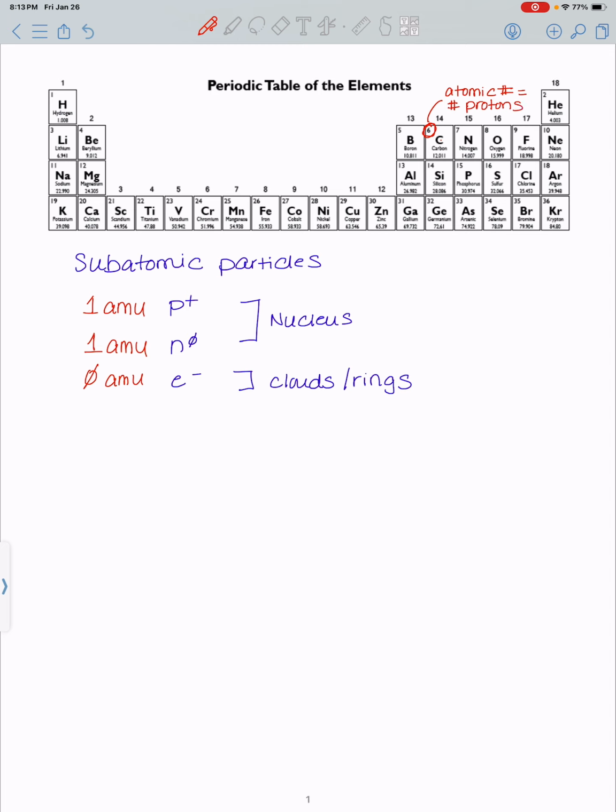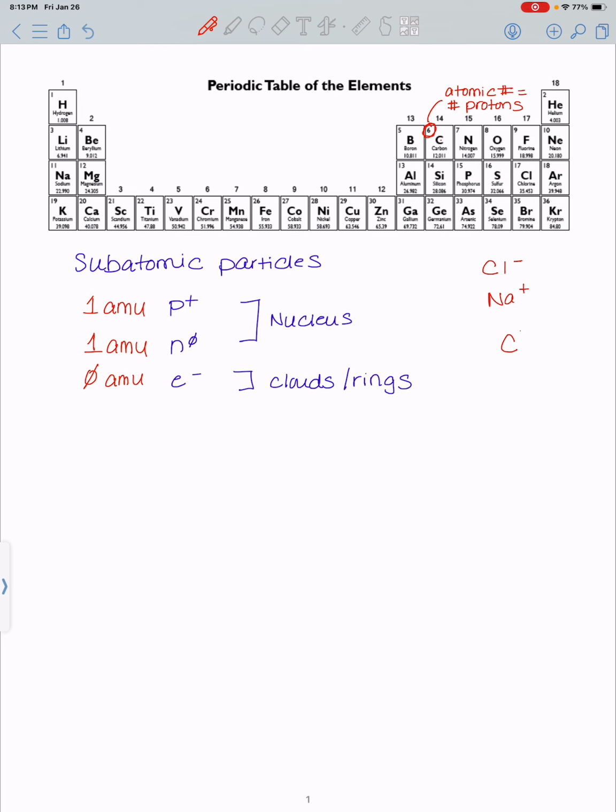If we're working with an atom that is electrically neutral, meaning it does not have any charge, so an example of something that has a charge would be an ion, so a chloride ion or a sodium ion. Those are ions and they have charges. Electrically neutral, something like carbon as it's represented on the periodic table without a charge up here would be electrically neutral.